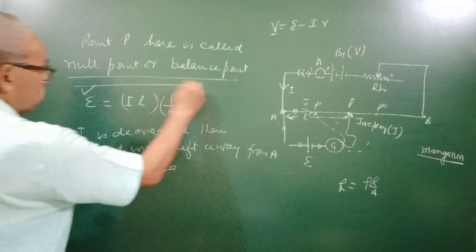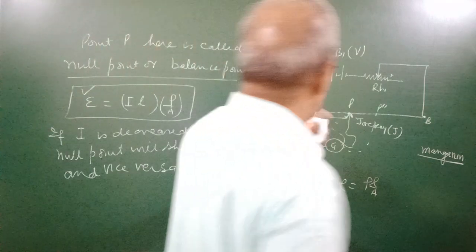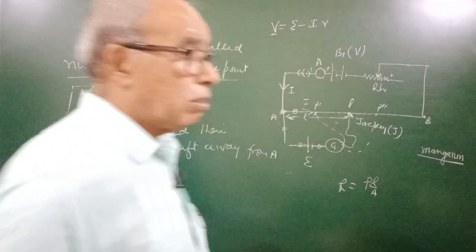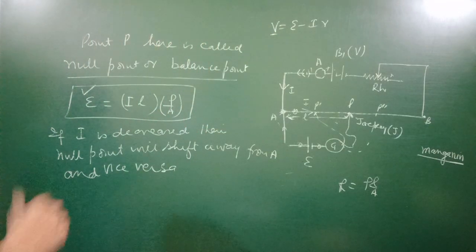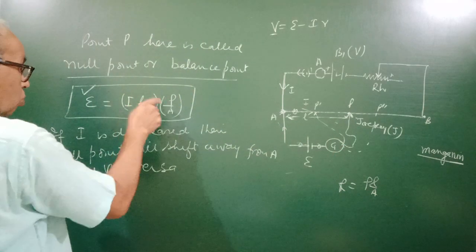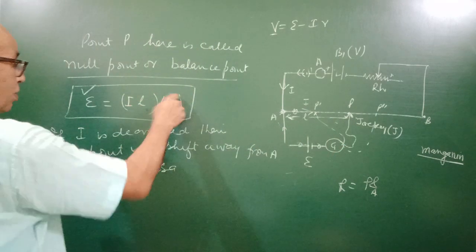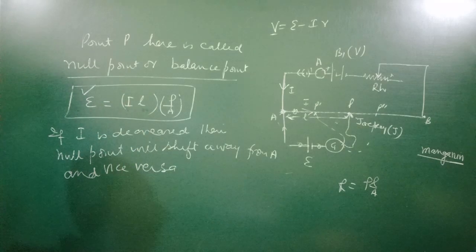I have discussed this because this question is generally asked. If current I is increased, the null point will shift from B to A, because this product is constant. If I increases, L decreases for a given EMF.